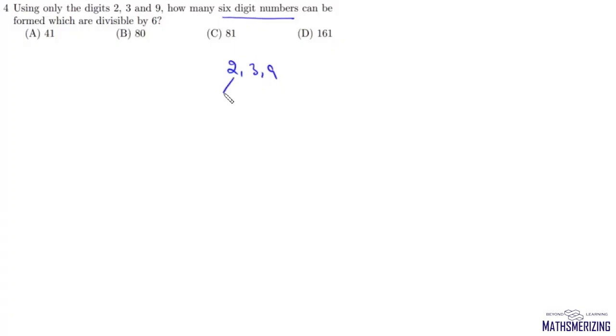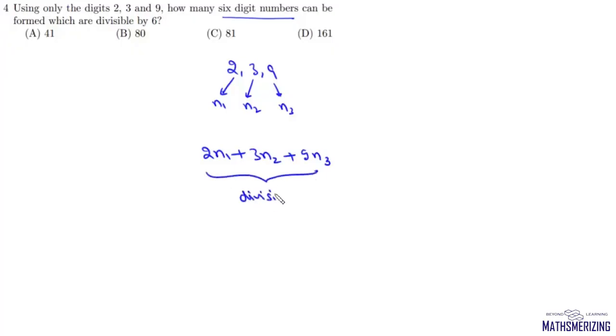Now suppose we take a 6-digit number in which we have used 2 n1 times, we have used 3 n2 times, and we have used 9 n3 times. Then this number will be divisible by 6 if 2n1 plus 3n2 plus 9n3 is divisible by 3, and n1 is greater than or equal to 1, because that number should end with an even number.